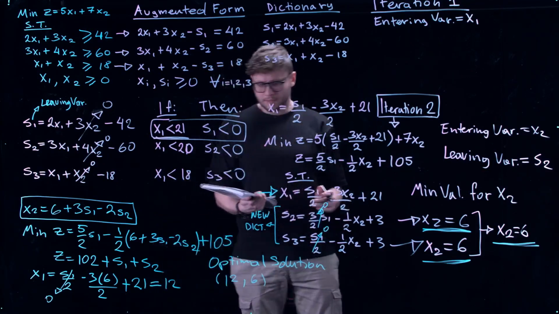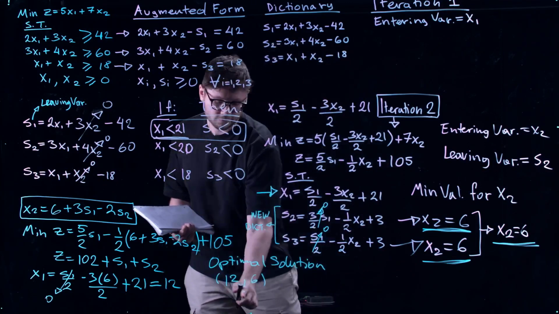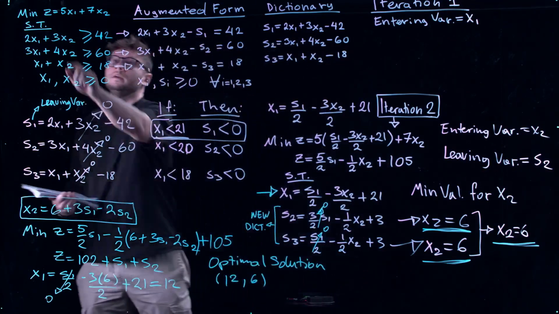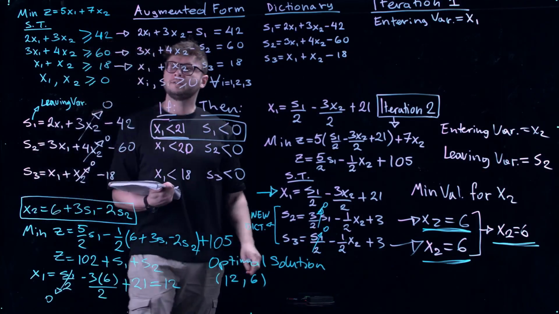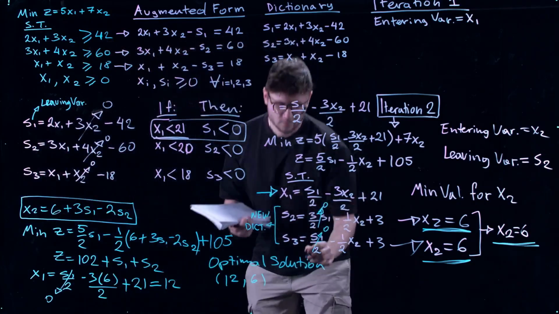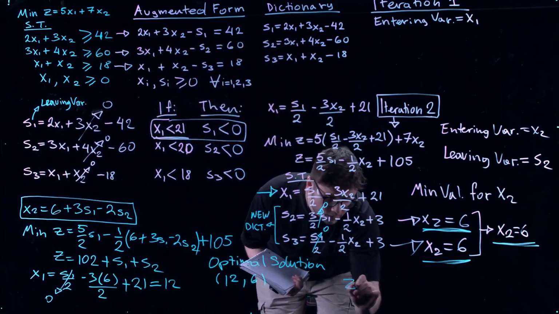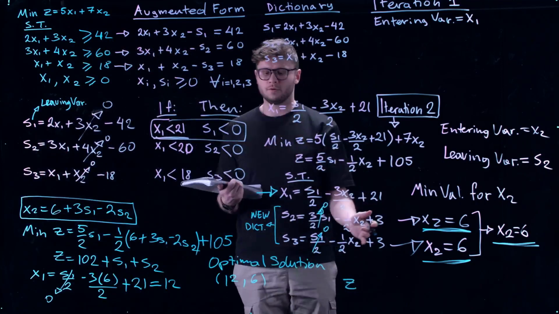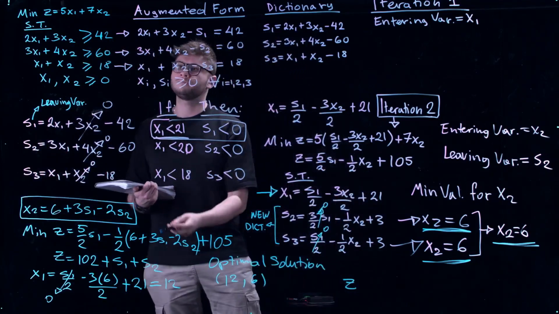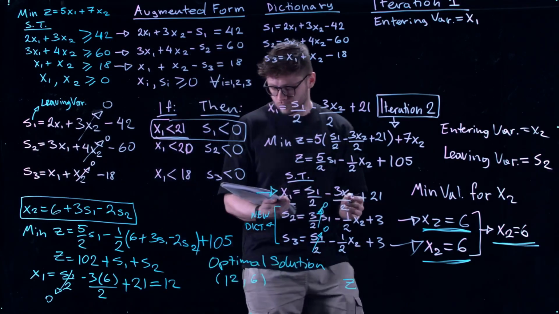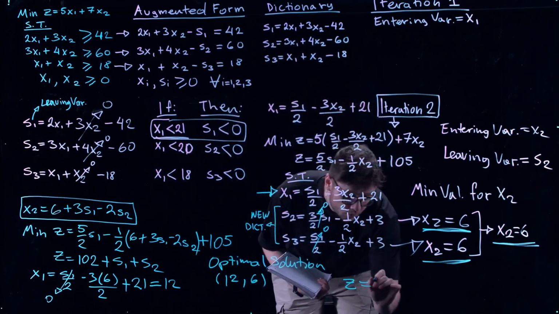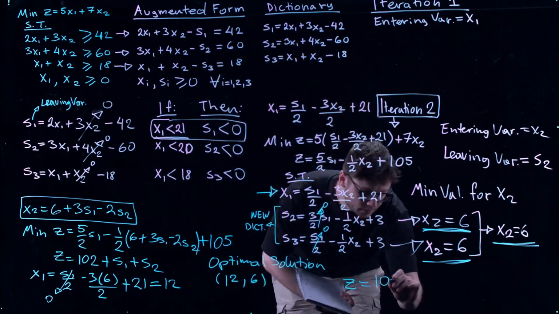Finally, if we plug in these values 12 and 6 into our objective function, we will get that z, I will not write out the whole thing, it's 5 times 12 plus 7 times 6, which will yield 102.